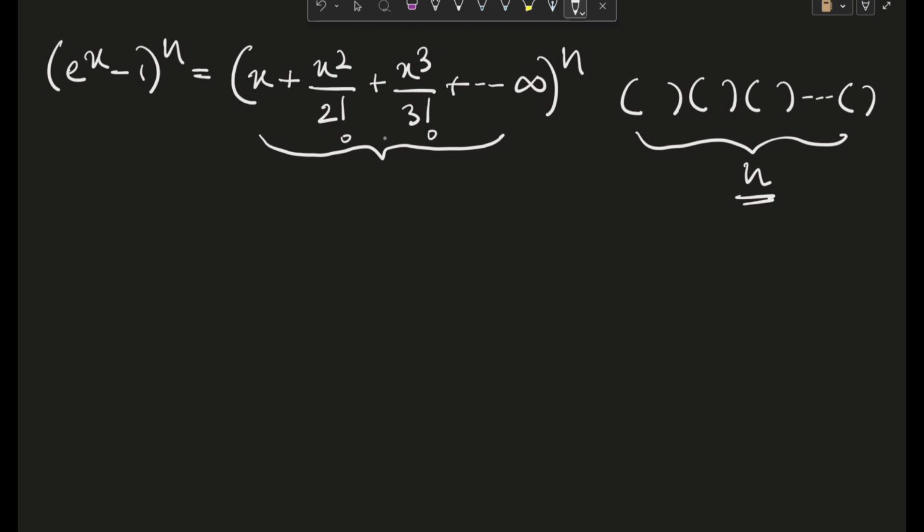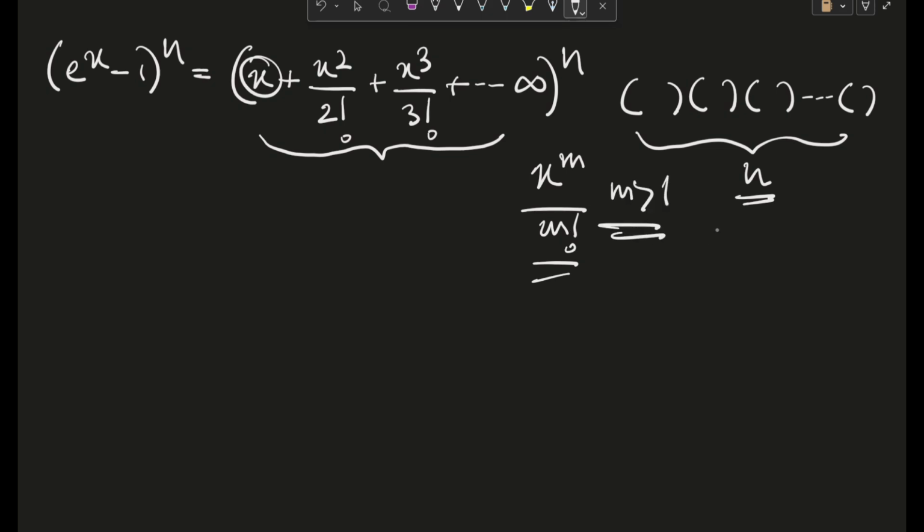When we expand this particular thing, any term in this expansion, except that x power one term, will be of the form x power m by m factorial, where m is greater than 1.